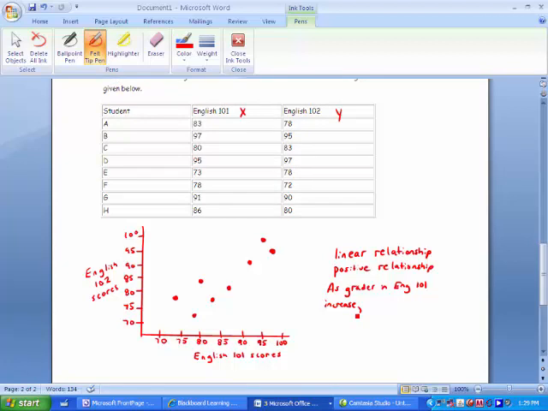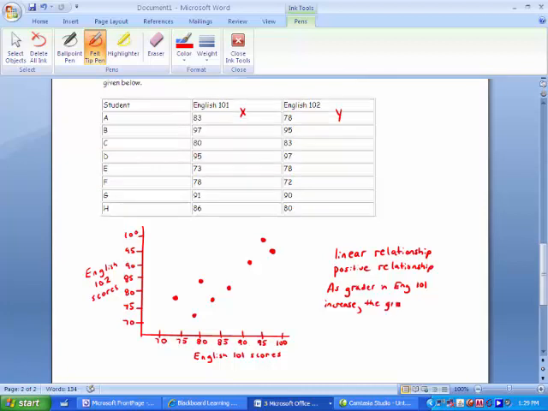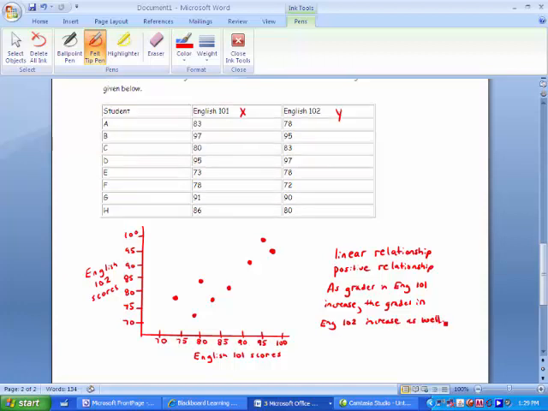And so you can see by looking at your scatter plot that those grades are increasing as well. And so now we have our scatter plot drawn, and we've also interpreted that scatter plot to discuss the relationship that exists between the two variables.